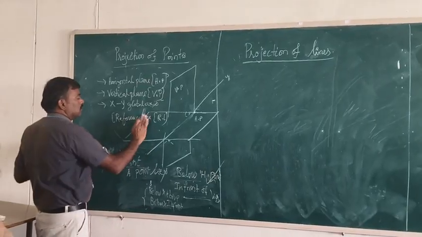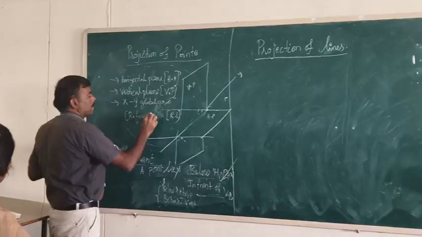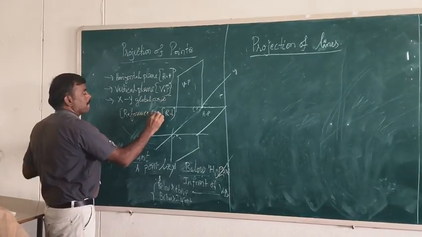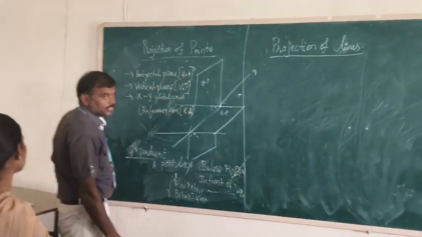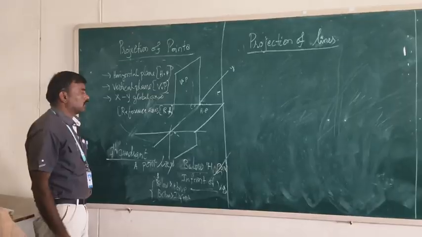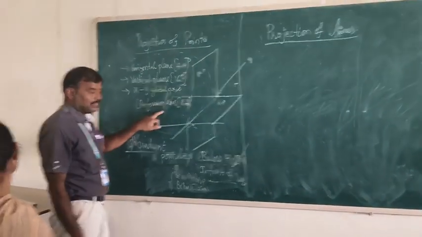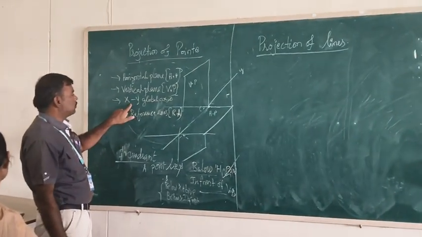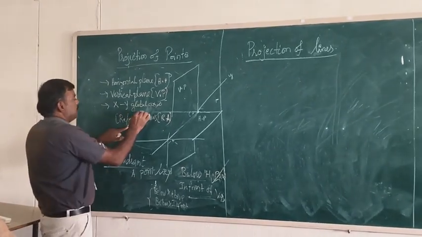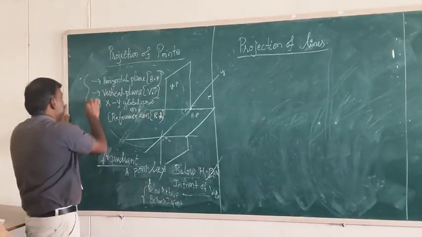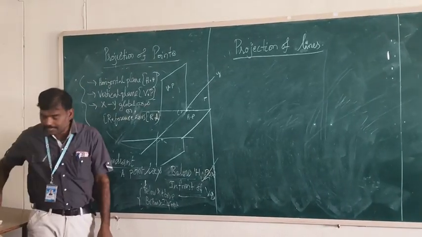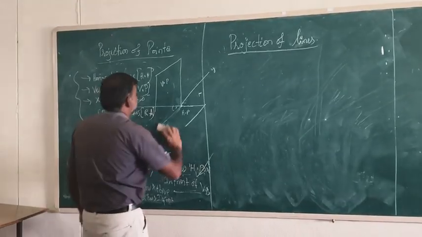Otherwise, reference axis RA, because RL will repeat in projection. So don't get confused. Reference line, global axis, vertical plane, horizontal plane are common for all these things. Then added to these three, another four.